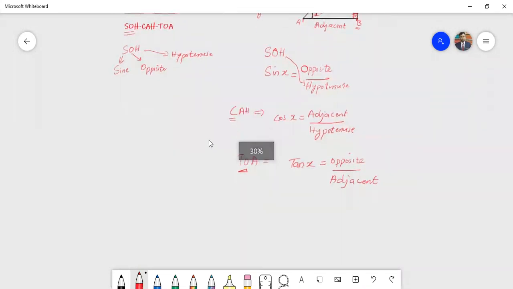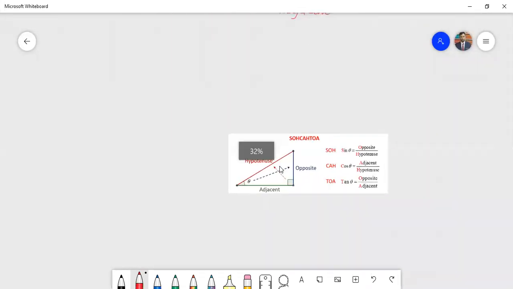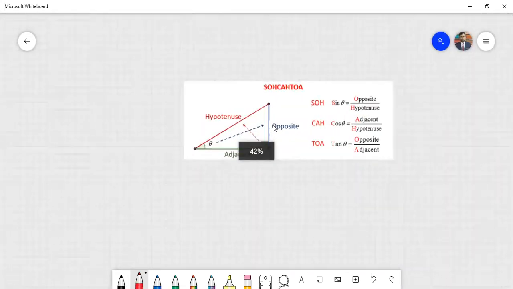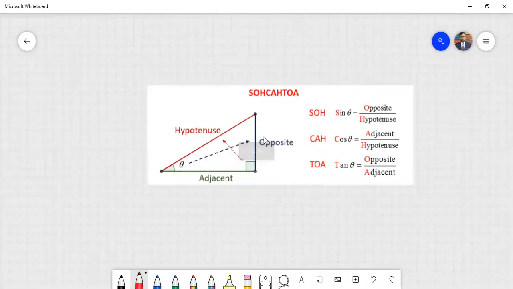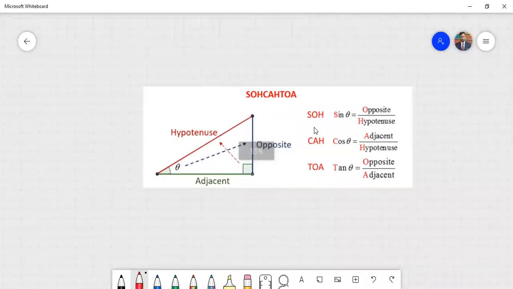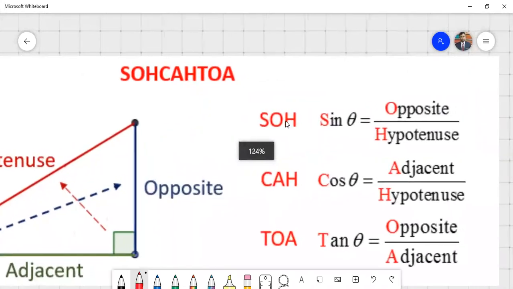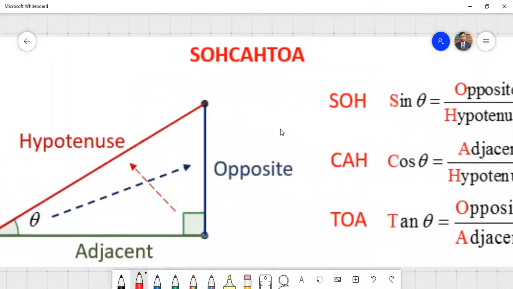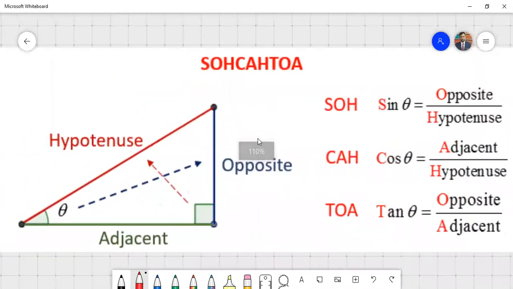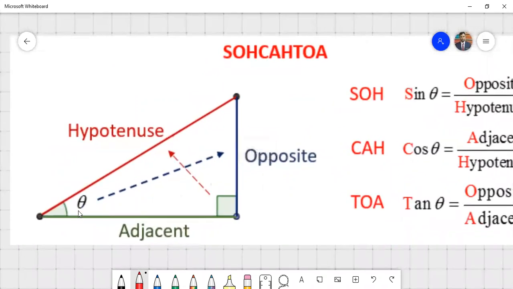Now I have already pasted a picture here. Look here. As I told you, SOH: S is for sine theta, because in this diagram the basic angle is represented by theta.